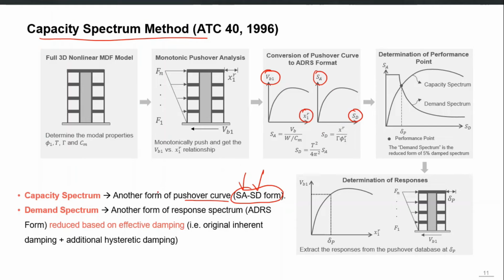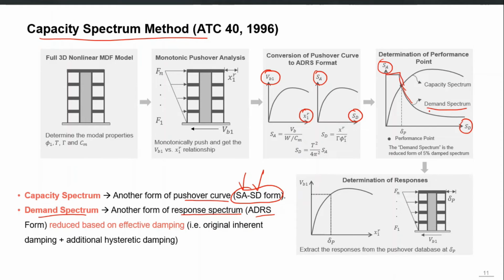Then the demand spectrum, which is actually another form of the response spectrum of our curve, which is called ADRS form. Actually, it is spectral acceleration versus spectral displacement. This curve is called the demand spectrum, and it is representing the level of ground shaking actually.